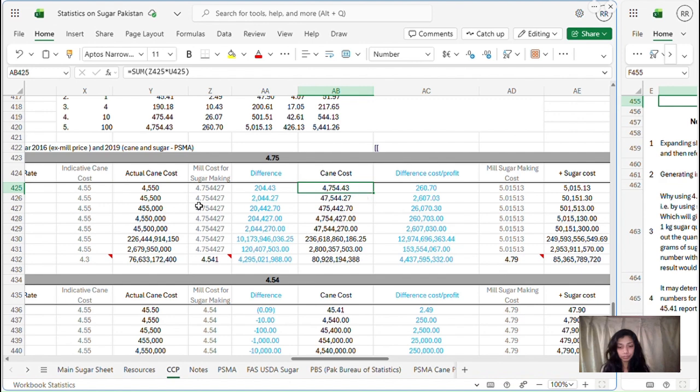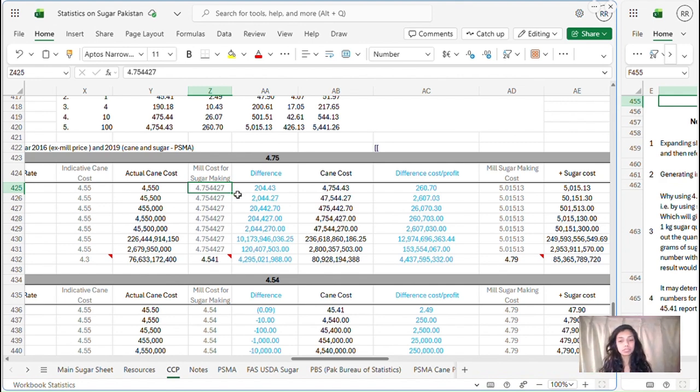And when you try to find out the difference with the actual cane that they purchase, let's say 1000 kgs of cane that they purchase at 4550 rupees, and the actual cane cost when calculated in reverse, the difference amount is 204. Now how did this amount come in the first place? Let's just work it out.